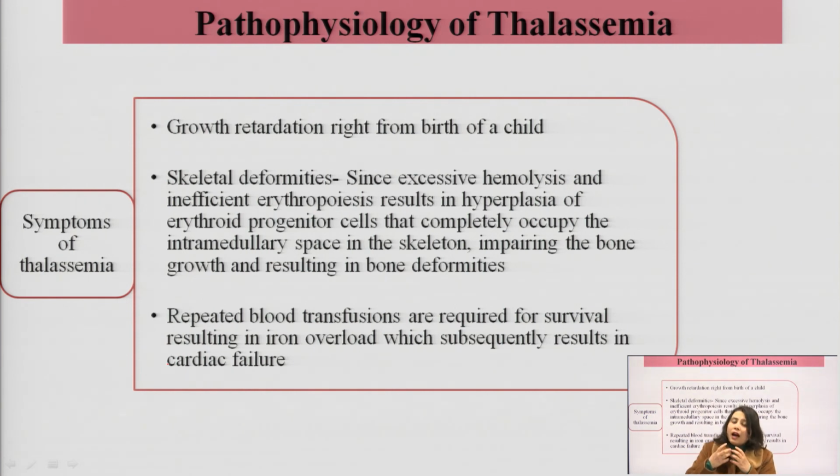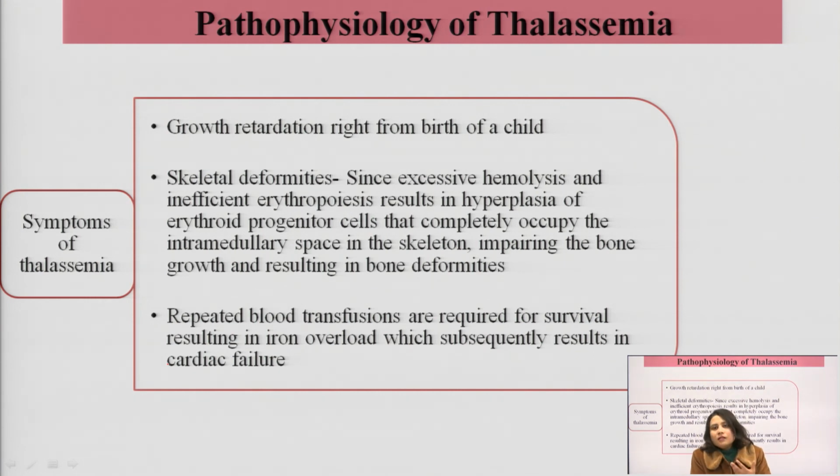When these large numbers of precursor RBC cells are produced, they occupy a lot of space inside the vertebrae and inside the long bones like the humerus and the femur. So they interfere with the normal bone growth process, and thus result in bone deformities, the skeletal deformities.